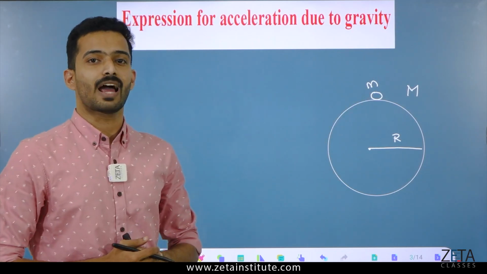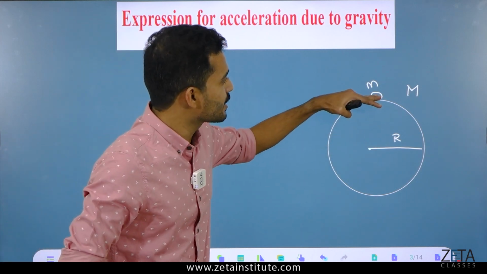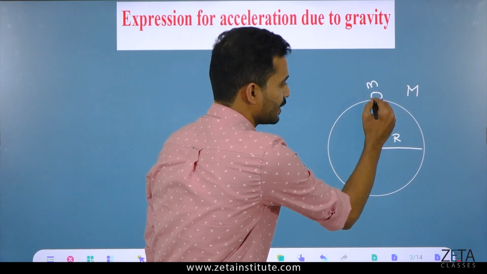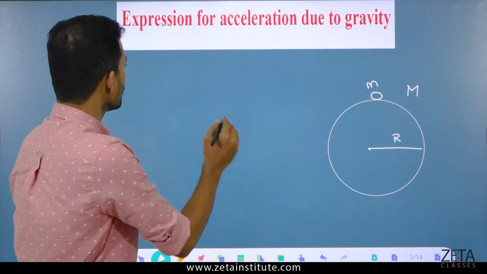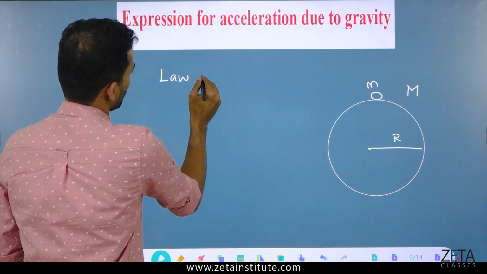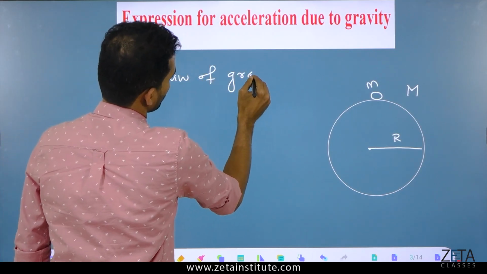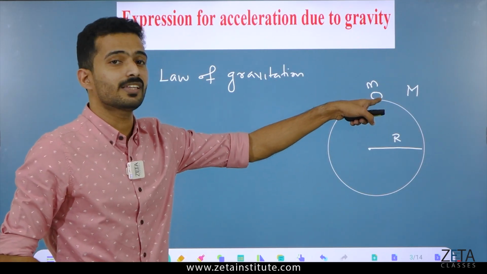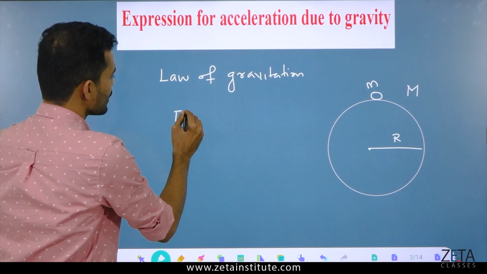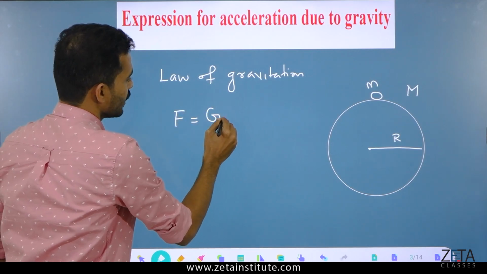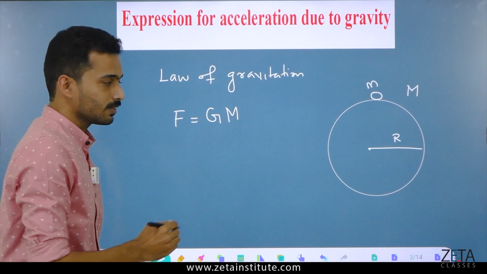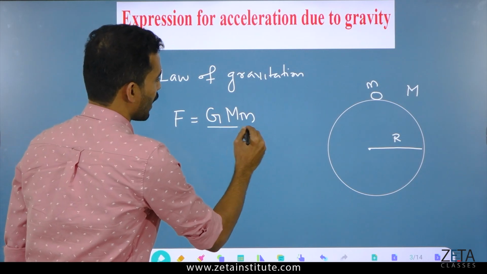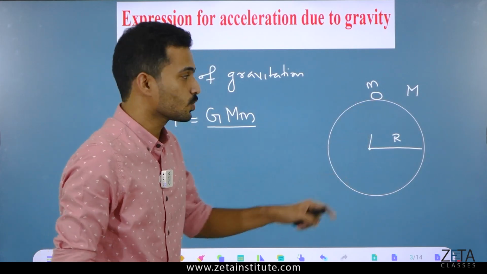According to the law of gravitation, Earth attracts this object towards its center. According to Newton's law of gravitation, the gravitational force between Earth and this object is given by F is equal to G M m divided by the distance between these two objects, which is the radius of the Earth.